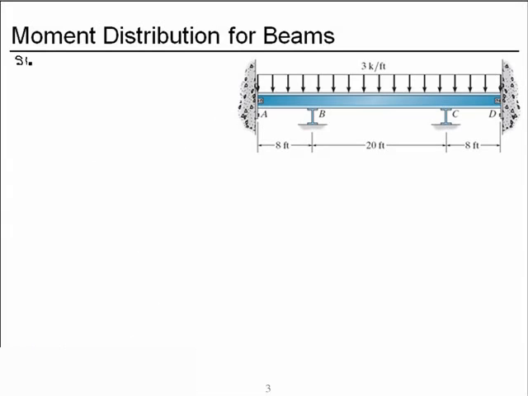Step 1. Let's find approximate vertical reactions. And to do that, let's assume that the distributed load goes to the nearest vertical support.